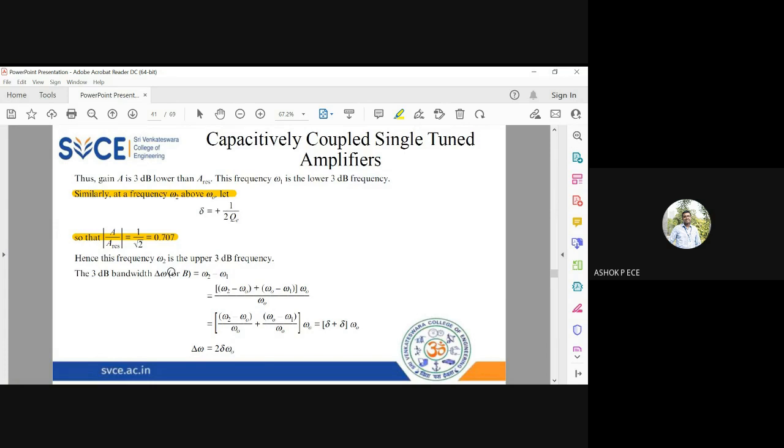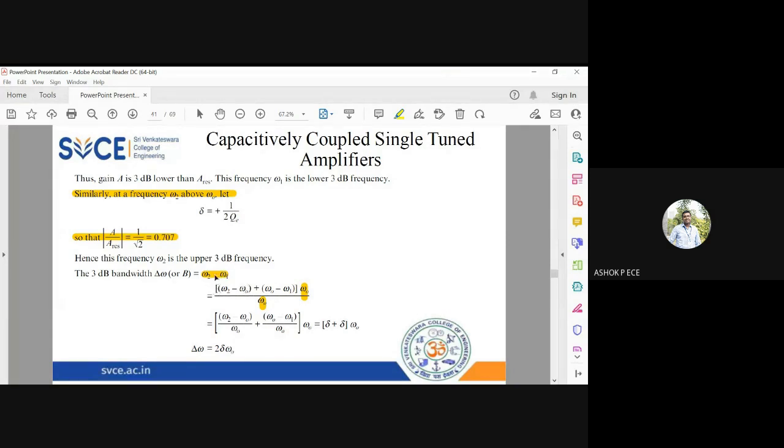And bandwidth is given by omega 2 minus omega 1. Delta omega equals omega 2 minus omega 1. I am adding and subtracting omega naught to this term. I am also multiplying and dividing by omega naught for simplification.